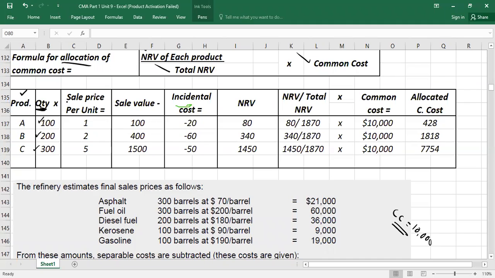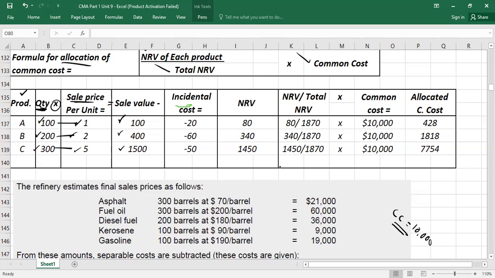And then we will multiply this quantity with what? With the sale price of each product. He will tell you. For example, product A can be sold for $1 per unit, product B for $2 per unit, and product C for $5 per unit. The selling price will also be given. So now you multiply quantity with the sale price. This will give you what? The sale value of each product.